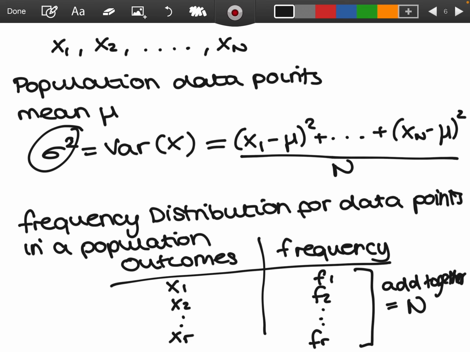Okay, so when you add together all of your frequencies, you're going to get n. How do we find the variance in that case? Well, you're still going to figure out what the mean is, like we did in our previous video, and then take each of your outcomes, subtract the mean, square it, but then multiply it by its frequency before you add them together and divide by n.